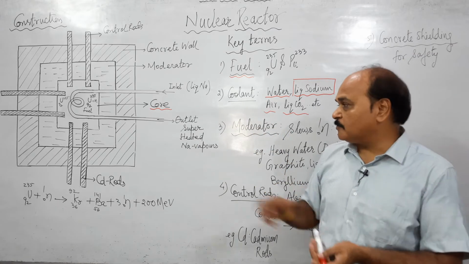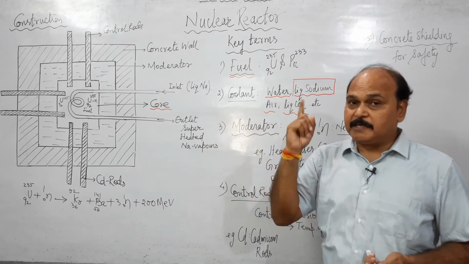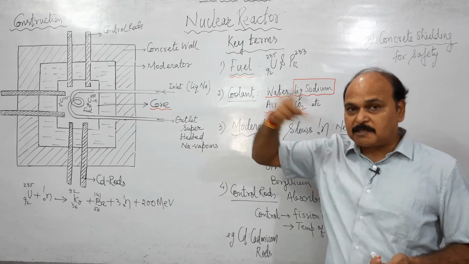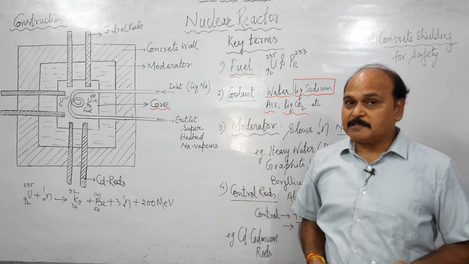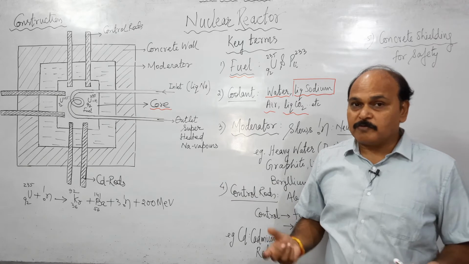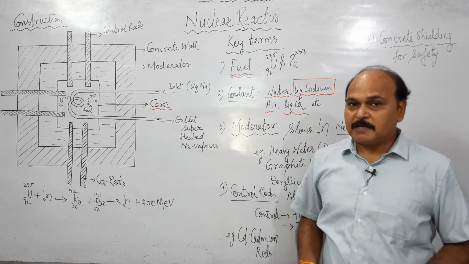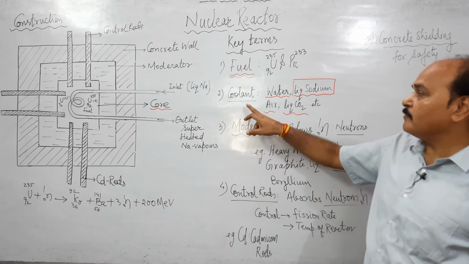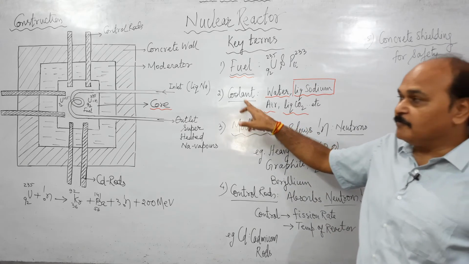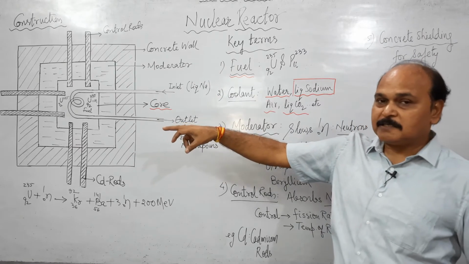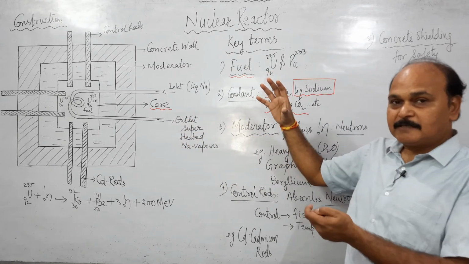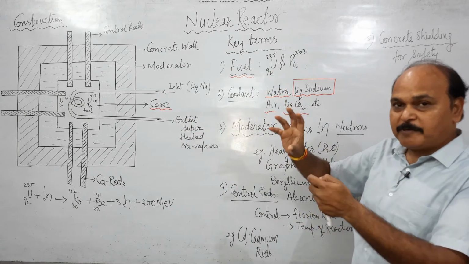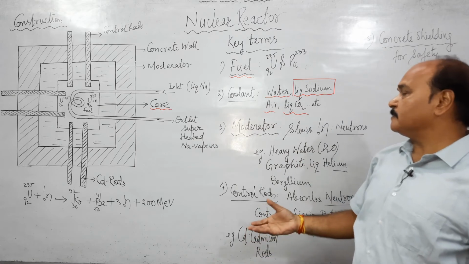These superheated sodium vapors are very energetic, and they are used to run the turbines. Once the turbines of the AC generators move, the coil moves. As the coil moves, electrical energy is generated. So with the help of coolant, we take the heat of the reactor and use that heat, with the help of superheated vapors, to run the turbines.